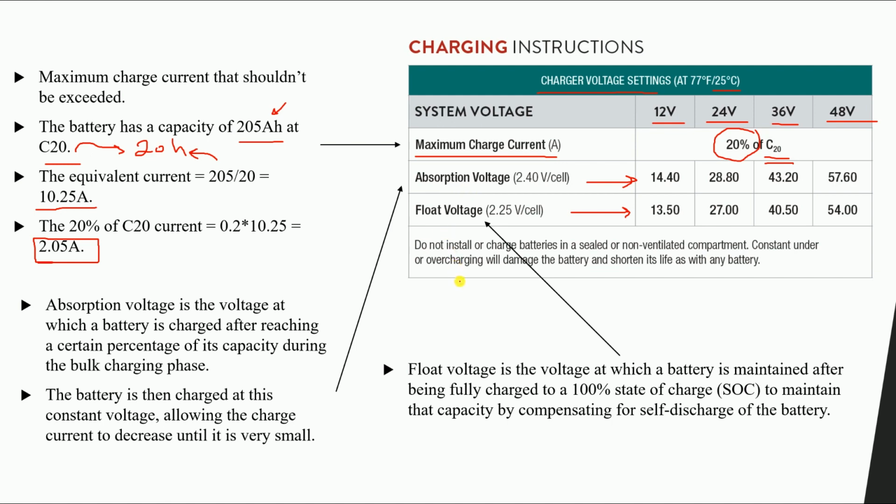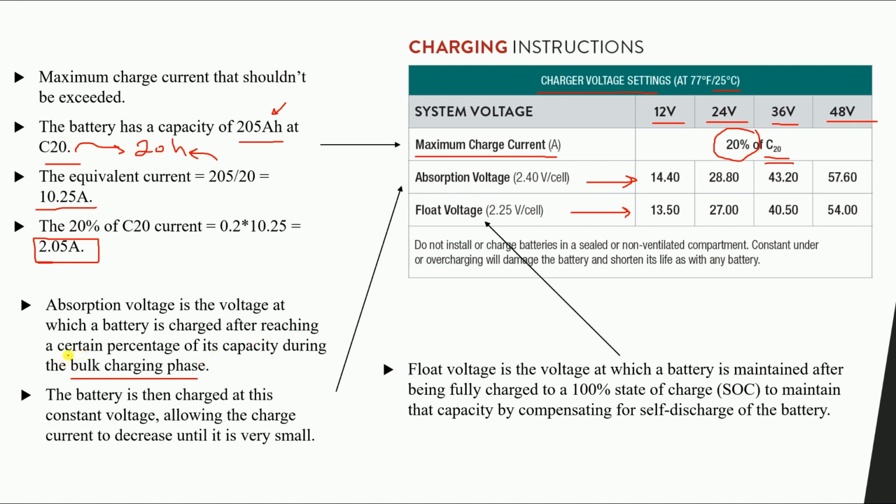We said we have three stages of charging. The first one is the bulk charging phase, at which we supply the maximum charge current. Then, after reaching 80 to 90% of the capacity of the battery, or its state of charge (SOC) of 80 to 90%, we will start using the absorption voltage to make the battery reach 100%.